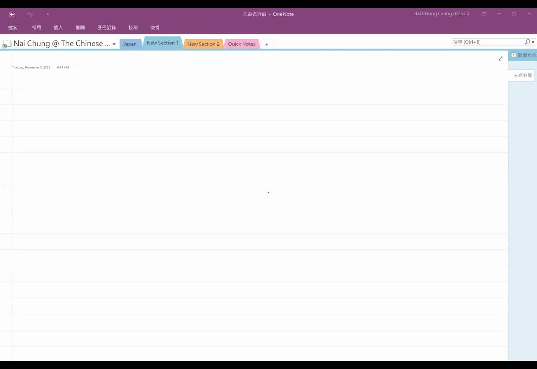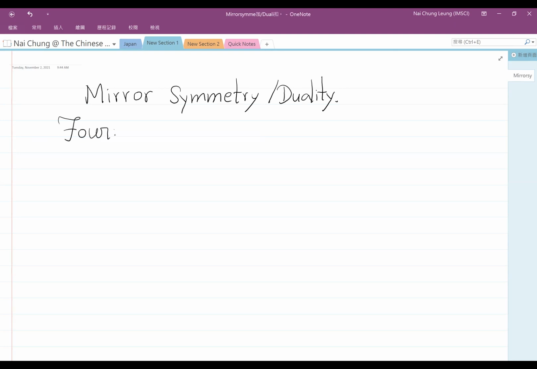So we're thinking about mirror symmetry, or let's just say a particular type of duality. The simplest form is the Fourier transform or Fourier series. Let me recall how it goes. If you have a function satisfying the property f(x) equals f(x plus 2 pi).